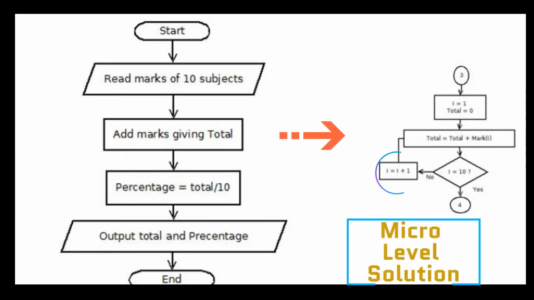And if it's not equals to 10, that means no, then I should be equals to I plus 1, and you have to repeat the same process until the value becomes equals to 10.